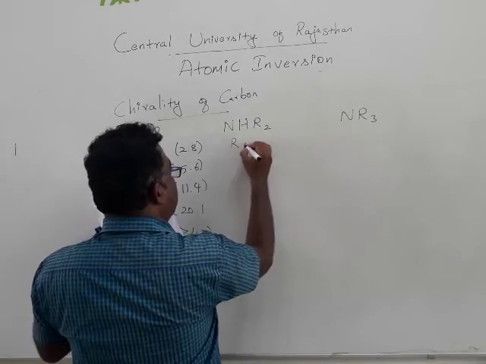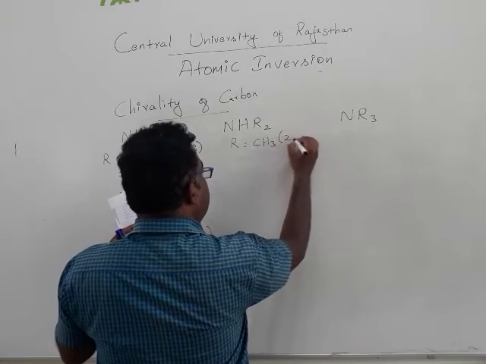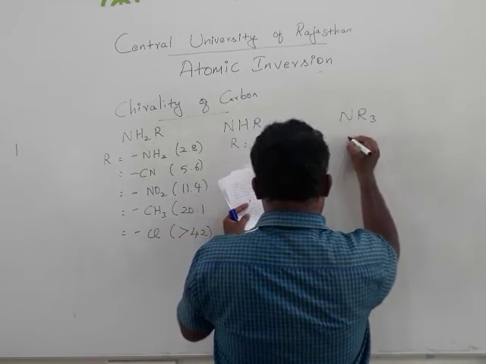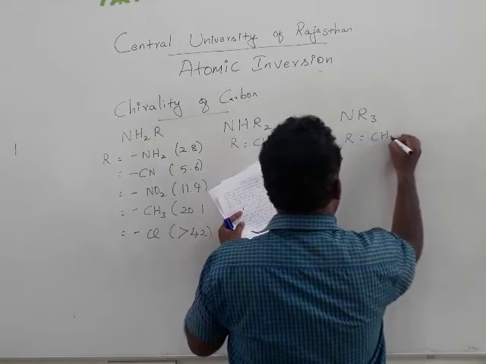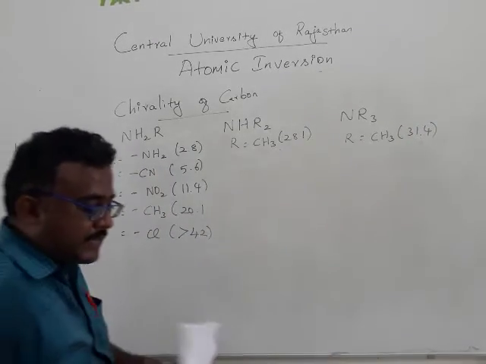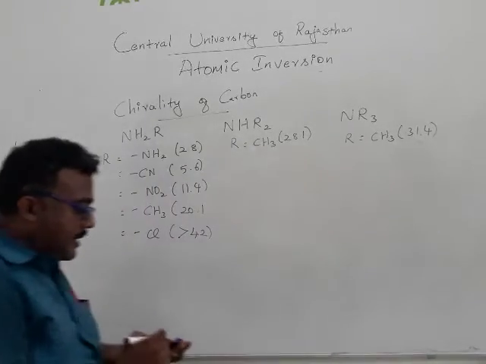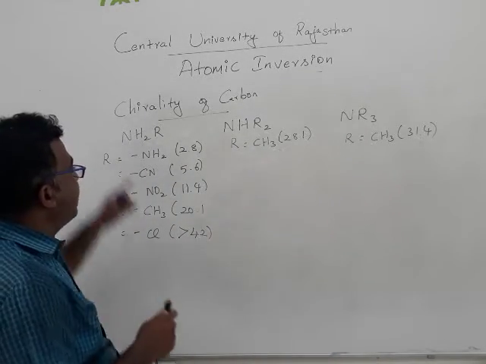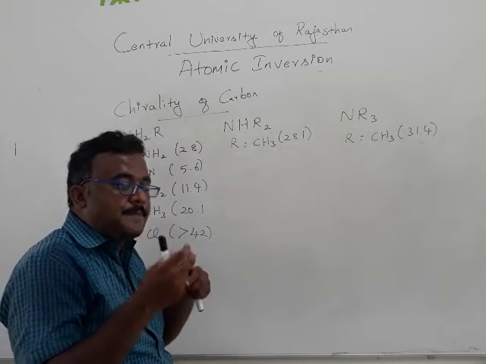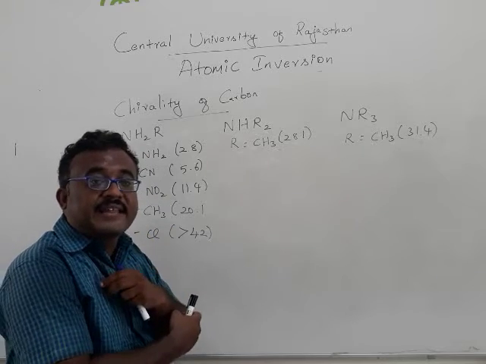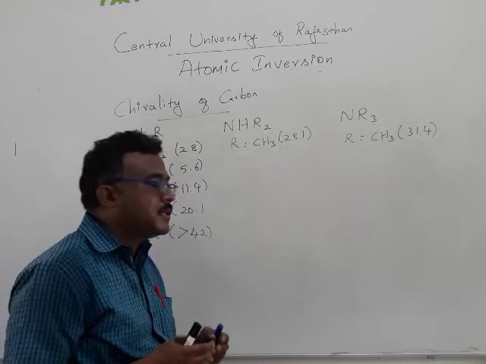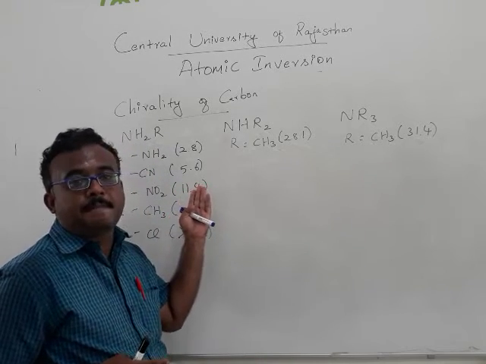Similarly, here R is equal to methyl, then it has 28.1 kilojoule per mole. But when you go to the trisubstituted amine, with R again a methyl group, here it has 31.4. From this I want to tell only one thing. If a nitrogen is substituted with a functionality that can form a pi bond, then that has a negligible inversion barrier.